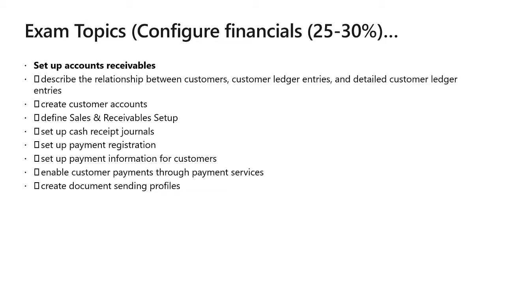Describe the relationship between customer ledger entry and detailed customer ledger entry, create customer accounts, define sales and receivables setup, set up cash receipt journal, set up payment registration, set up payment information for customers, enable customer payments through payment services, and create document sending profile. In this video, the last two sections, create document sending profiles and enable customer payments through payment services, will not be included.